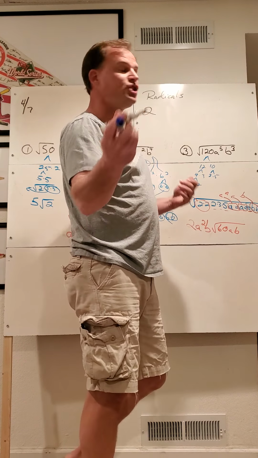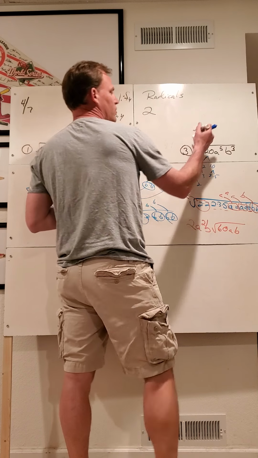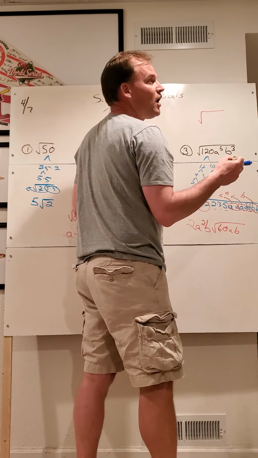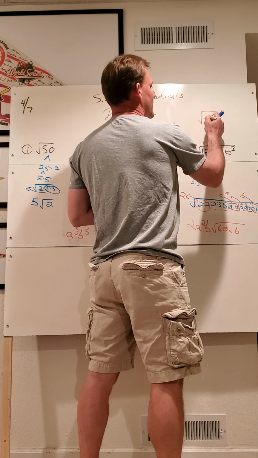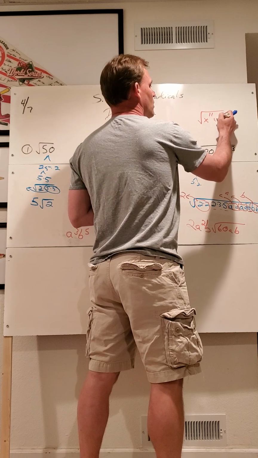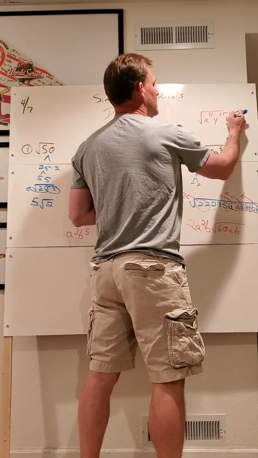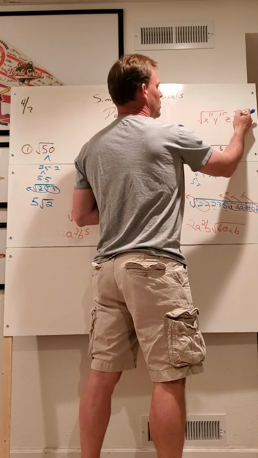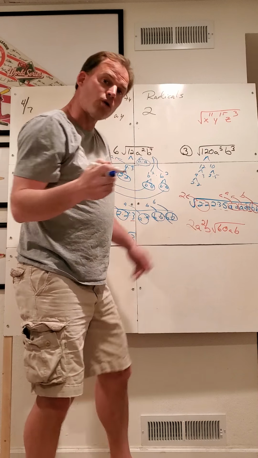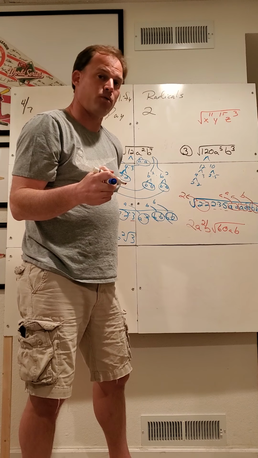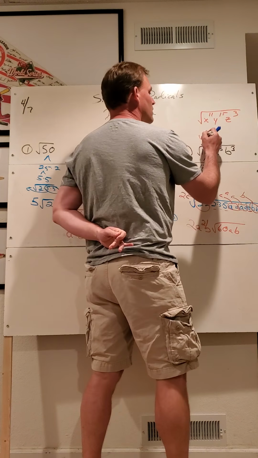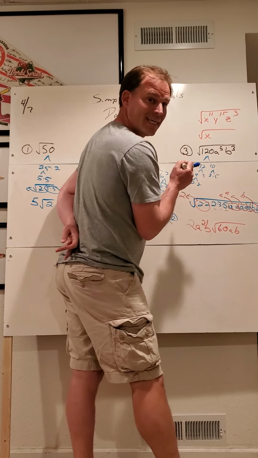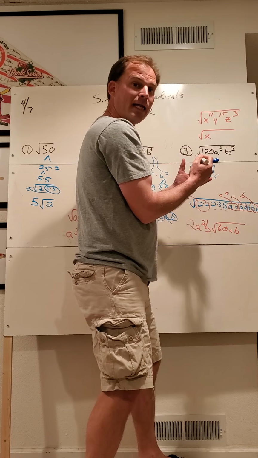Show you a quick one with just odd exponents. We don't have to worry about all those numbers. Square root of, I don't know, let's go x to the 11th, y to the 15th, and z to the, I don't know, 3rd. Just to show you what happens with those odd exponents. I leave 1x in, takes me down to 10.